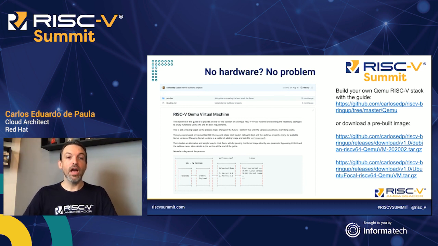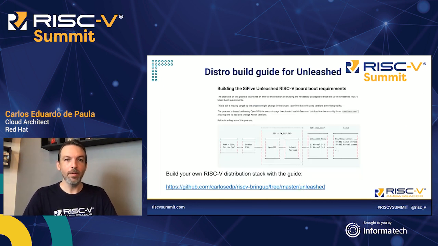But also, I have written a guide on how you can build your own stack for a virtual machine. You can assemble together the bootloader, the kernel with all the configurations required, and also the root file system. It could be Debian, it could be Ubuntu, also Fedora. They are all already building packages for RISC-V.